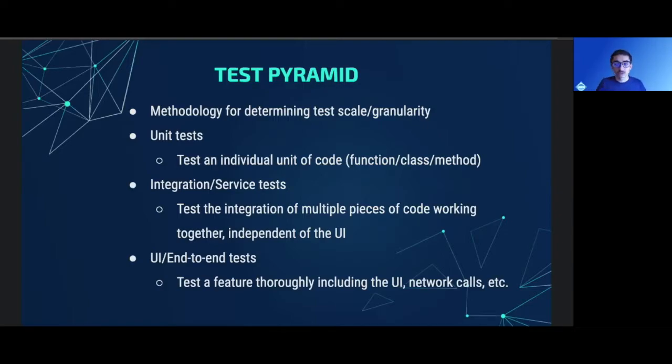Then you have an integration or service test, which allows you to test the integration of multiple pieces of code and how they work, completely independent of the UI. Which brings us to our last type of test, the UI test, or end-to-end. This allows us to test a feature thoroughly, including the UI and network calls and everything. So basically, from one end of your code all the way to the other, what a user would be doing themselves. So it's all about what specifically to test and the different types of tests that exist.